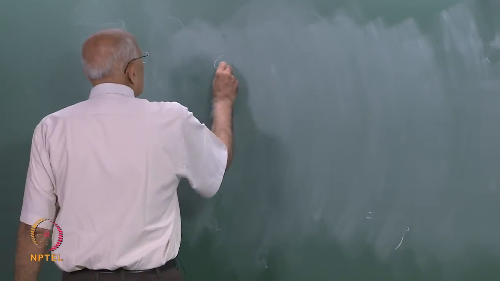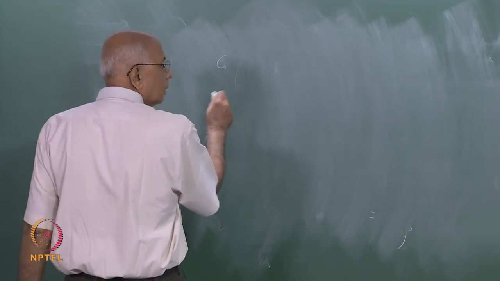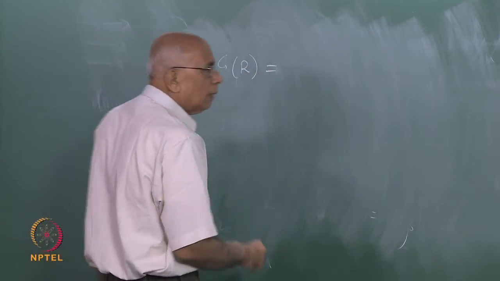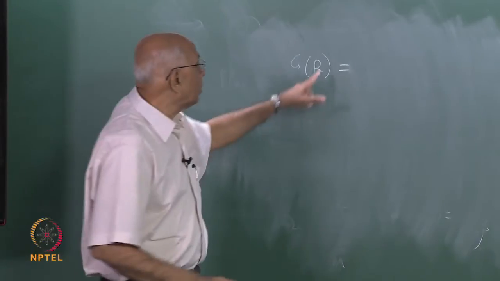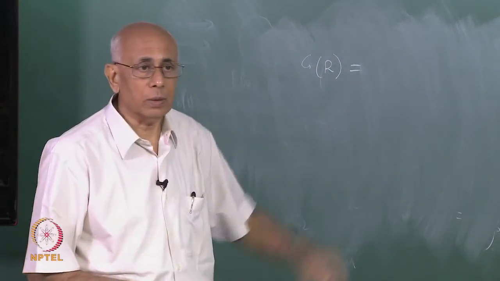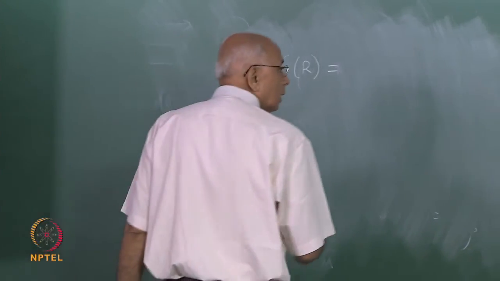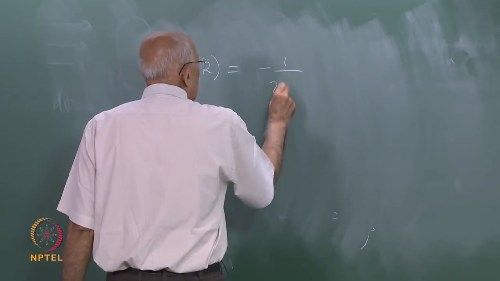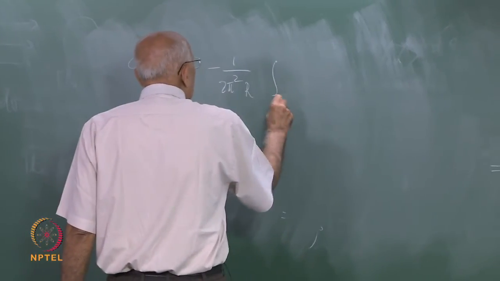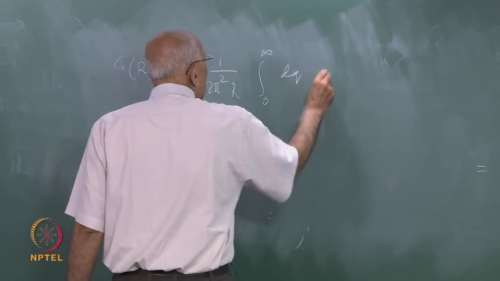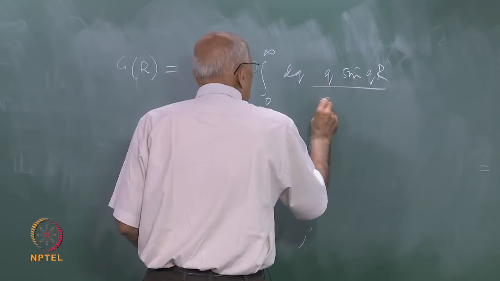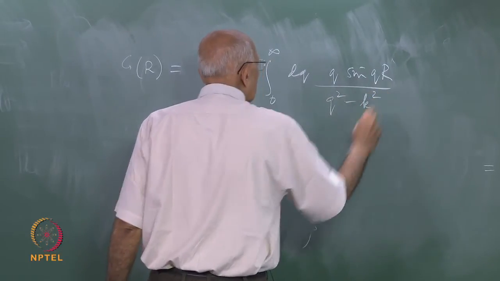So we have g of r equal to, by the way it is amply clear now that I do not need to write a vector there, because it is a function of little r, magnitude r alone. So let me just call it g of r, it is minus 1 over 2 pi squared capital R integral 0 to infinity dq q sine qr over q squared minus k squared.